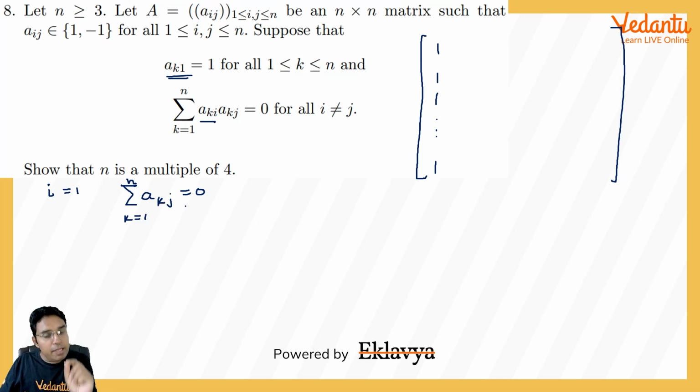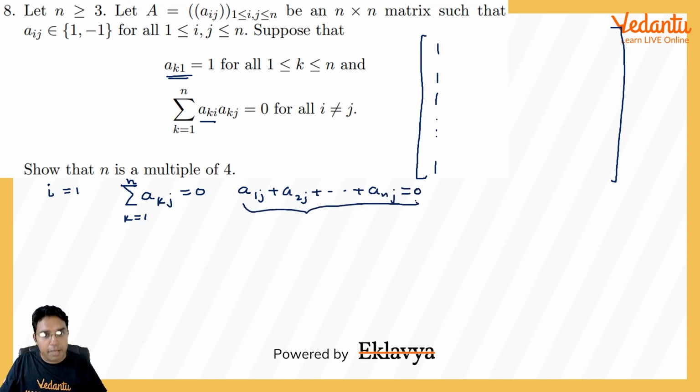That for any column other than the first, second column, third column, my entries should be such that the sum is equal to 0. Let me write it like this: a1j plus a2j and so on plus anj. That will be equal to 0, and that will be 0 only if some of the entries are 1 and some of the entries are minus 1.